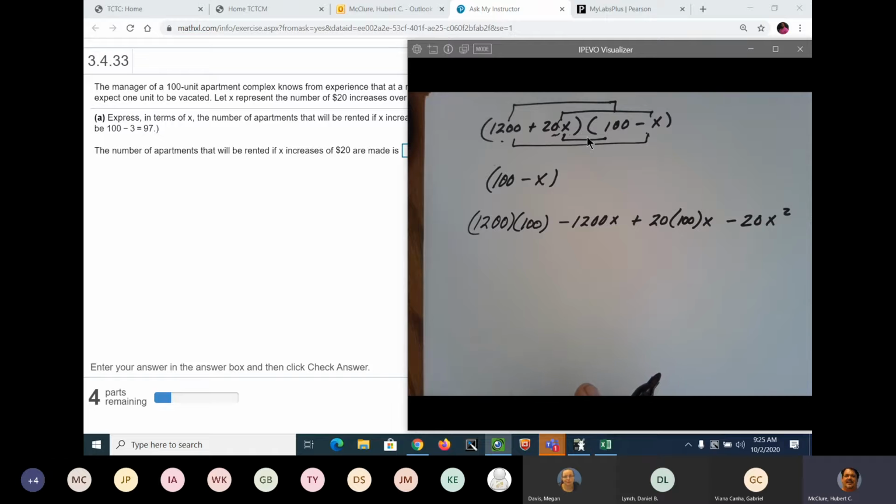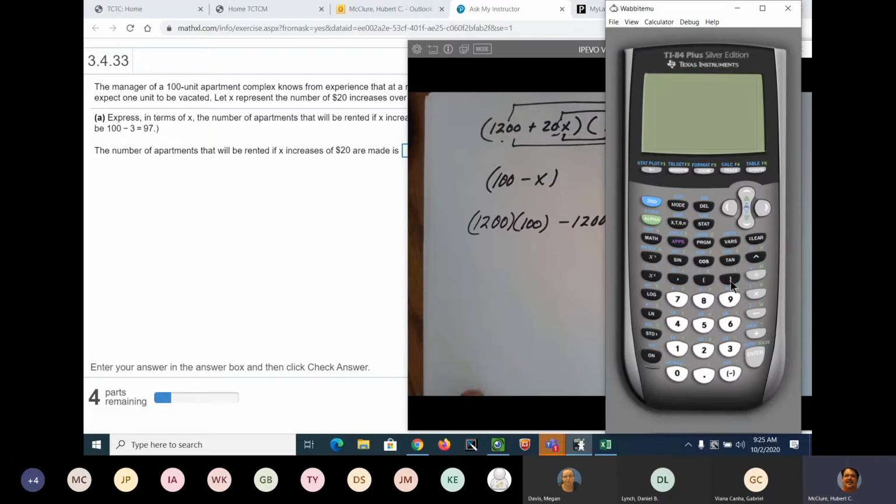And now you've got to do all your multiplying, which is going to be 12,000. Let's see, that's going to be 120,000. But I'm going to check just in case, because when it comes to zeros, I really suck at multiplying. So 1,200 multiplied by 100. I got 120,000. Okay, let's check it to make sure. 1,200 times 100. Sometimes I mix my zeros up.